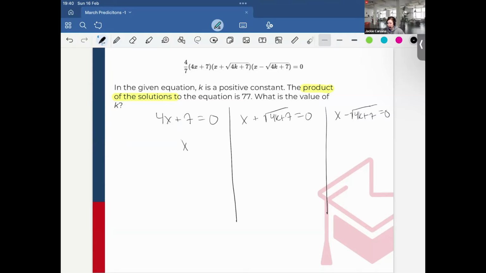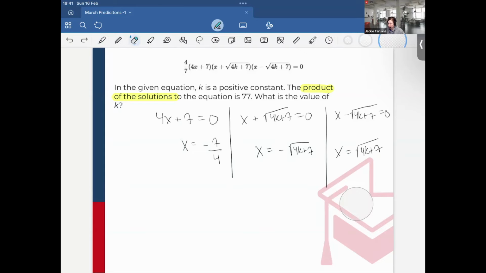In doing so, I can now put everything in terms of x. So this would be negative square root of 4k plus 7. And here would be positive square root of 4k plus 7. Note that these two terms are basically the same, just their sign is different.